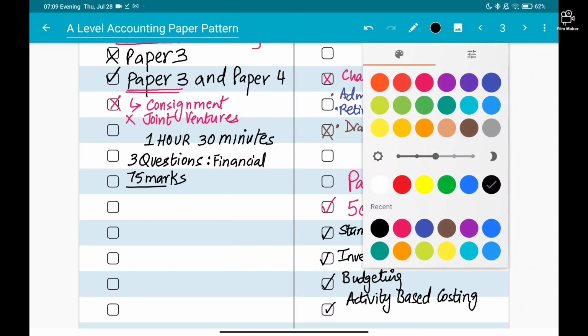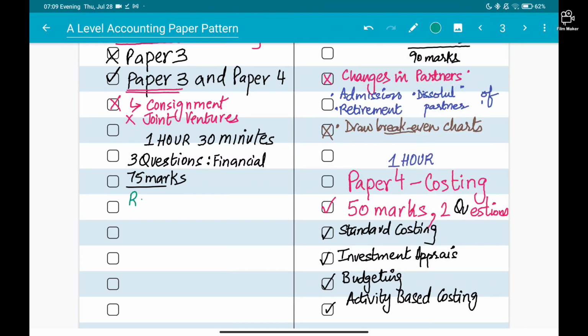So what are the topics that you can expect in this? Ratios are still there, manufacturing accounts is still there, and non-profit organizations, club accounting, is still there. Then you also have partnership coming from mergers and business mergers, and the company questions.